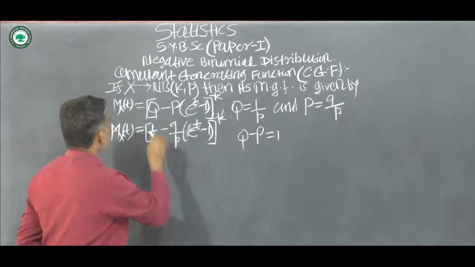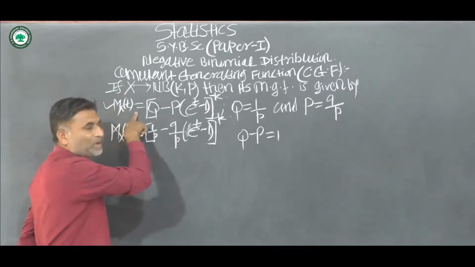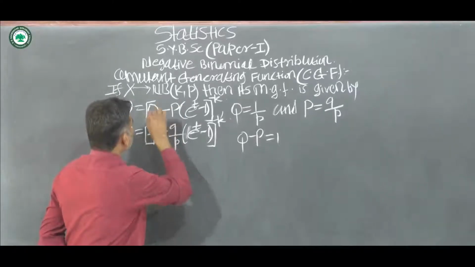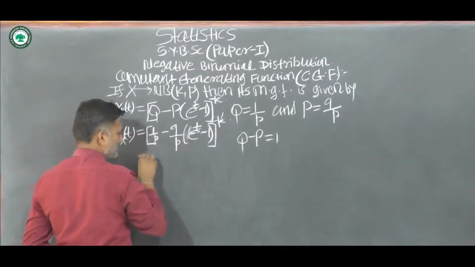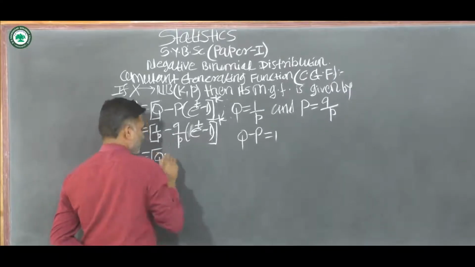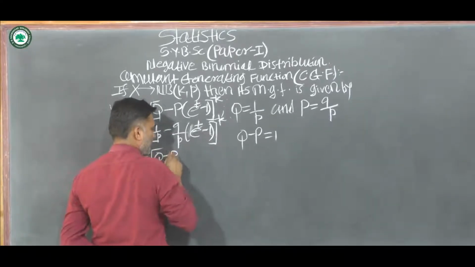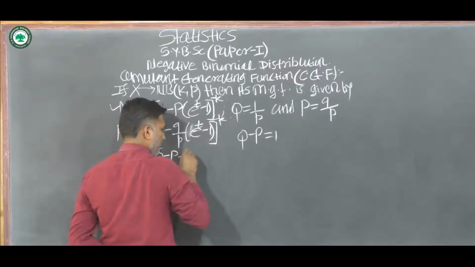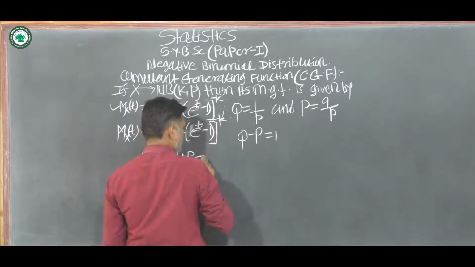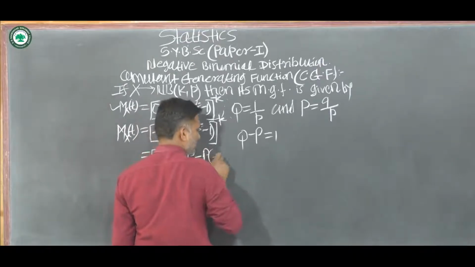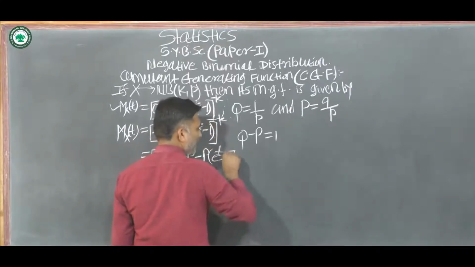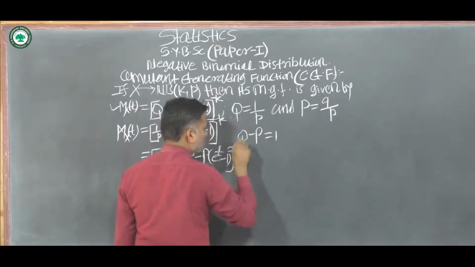Now, in the above form of the MGF, this form now becomes Q minus P plus P minus P(e^t minus 1), raised to minus k.